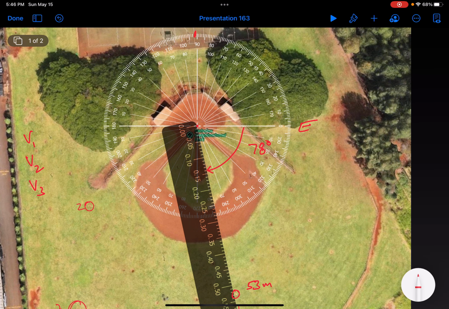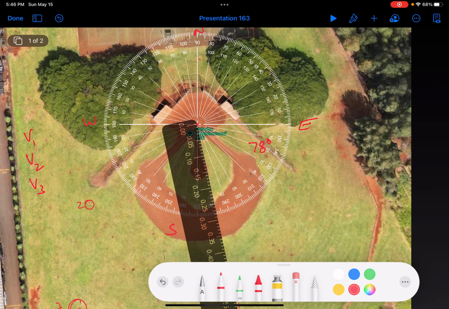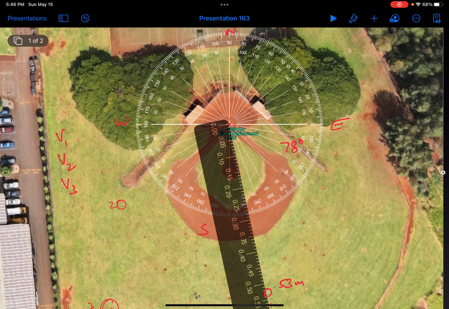Remember, that's east, that's north, that's west, and that's south. And so directly southeast would be kind of that direction right there. Well, it's a little more south than perfectly southeast, but it's south of east. That is, we're starting at 0, considering east-west to be our 0 line, and we're going 78 degrees south of it.